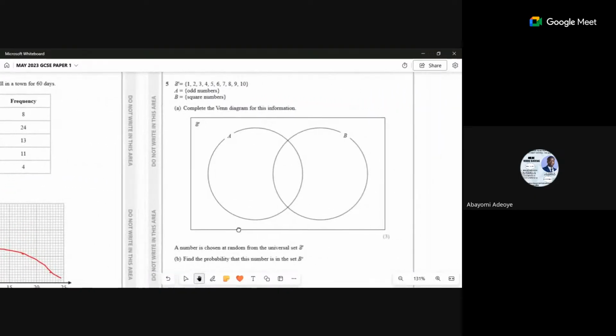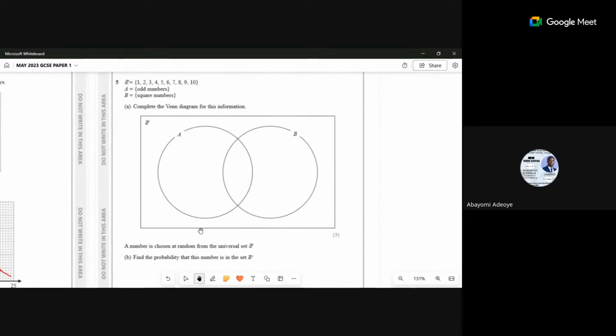Number 5 is on sets. You have the universal set to be 1, 2, 3, 4, 5, 6, 7, 8, 9, 10. A is odd numbers.